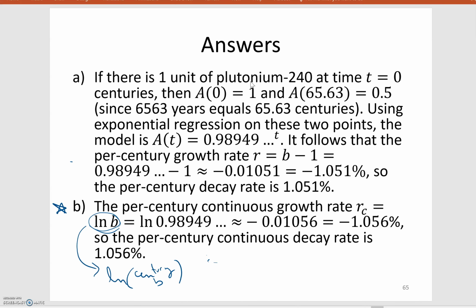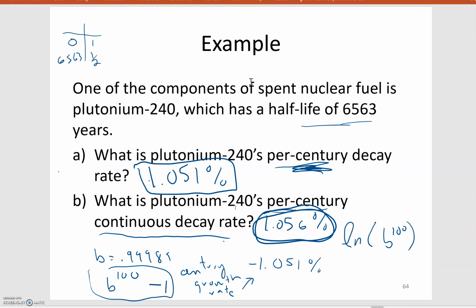Oh, and then the other thing is that the method of solution that's given in the problem here is a bit different than the way I went about solving this problem. I did it in an annual way, so I put this in as years, a full 6,000 years. The other way you could do this is you could go ahead and do your century conversion.